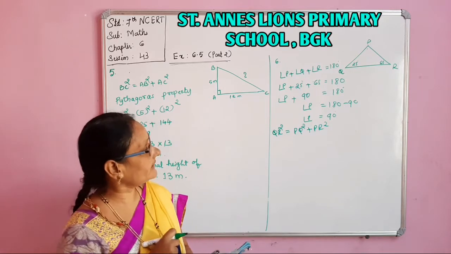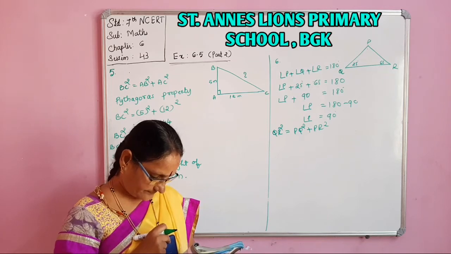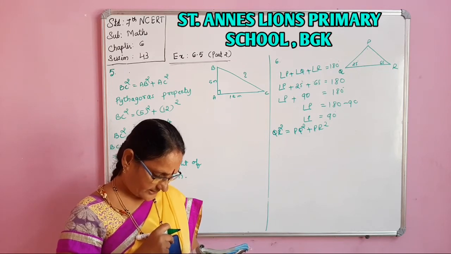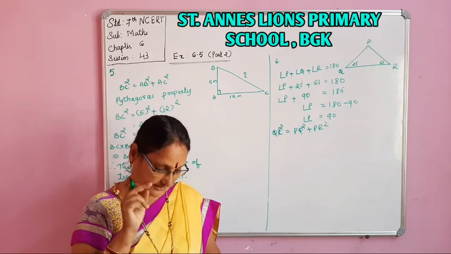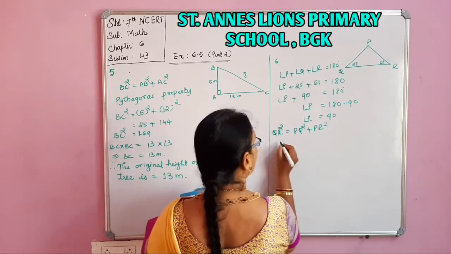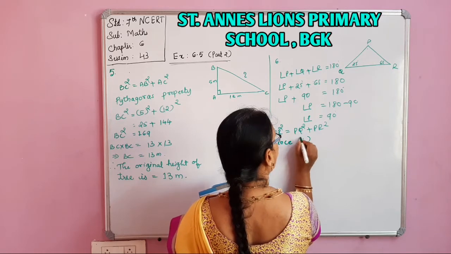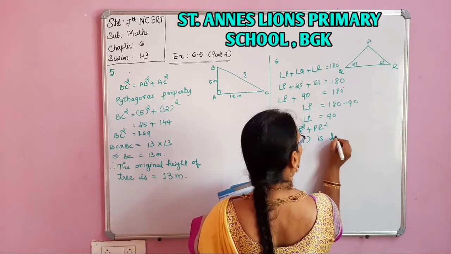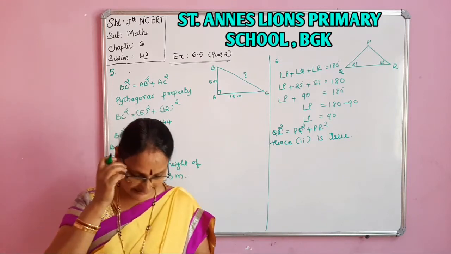Here, QR square is equal to PQ square plus PR square. The second one is correct. So hence the second one is true.